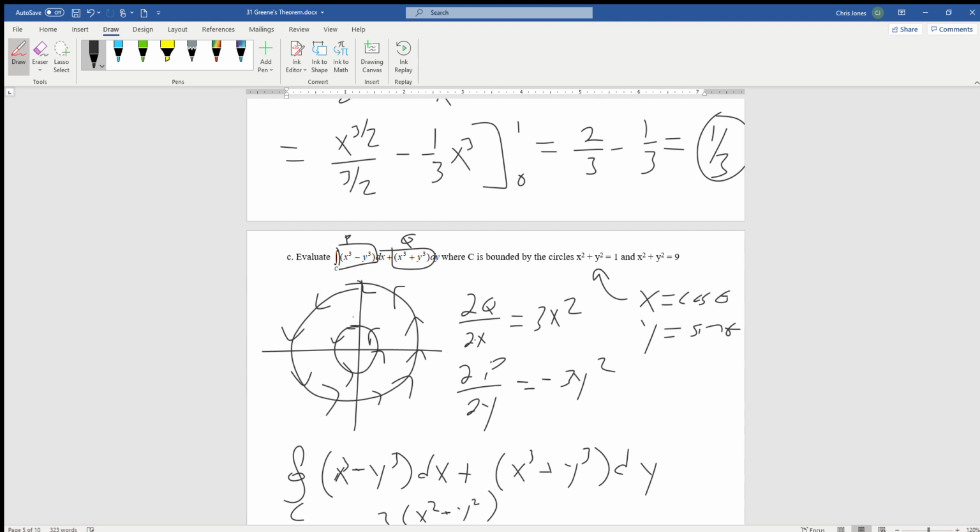This would be path 1. And then for path 2, you would have to say x is 3 cos theta, and y would be 3 sine theta. All right? So clearly, Green's theorem is much easier to utilize than those parameterizations.